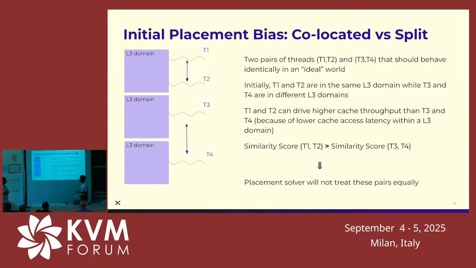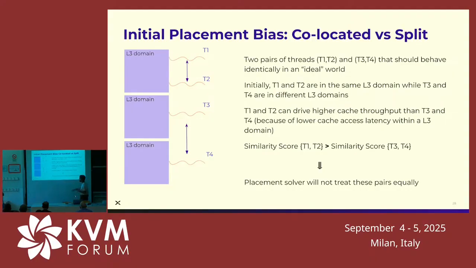Now, there's one interesting case that I would like to talk about. I mentioned this initial placement bias. So let's say there are 2 pairs of threads, T1, T2, and T3, T4. These pairs should behave identically in an ideal world. Now, if T1 and T2 are placed on the same L3 domain, while T3 and T4 are placed on different L3 domains, this will result in T1 and T2 being able to drive higher throughput because the cache access latency will be pretty low since they are running on the same L3 domain.